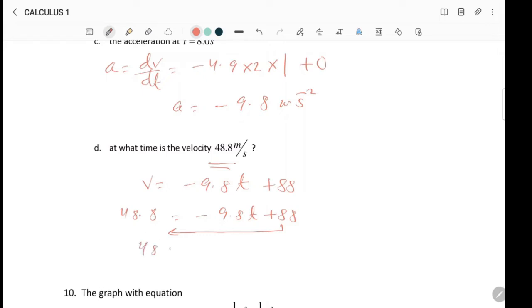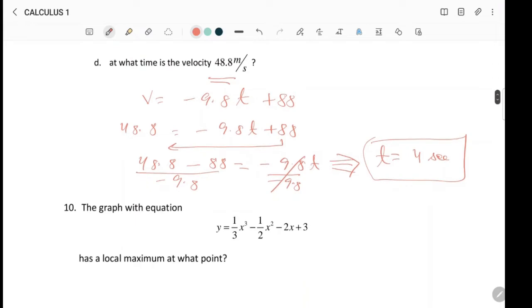So 48.8 minus 88 equals minus 9.8t. Finally, we can say t equals, we divide by minus 9.8, right? We can calculate that in the calculator: 48.8 minus 88 over minus 9.8. What's that? That is 4. So t equals 4 seconds.